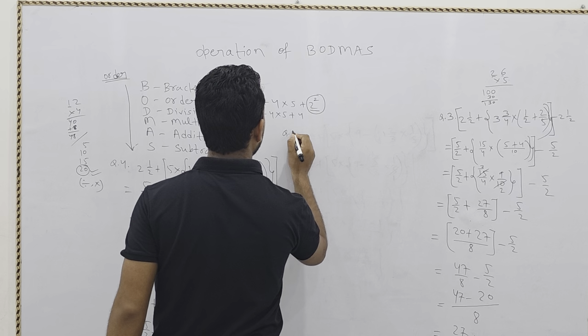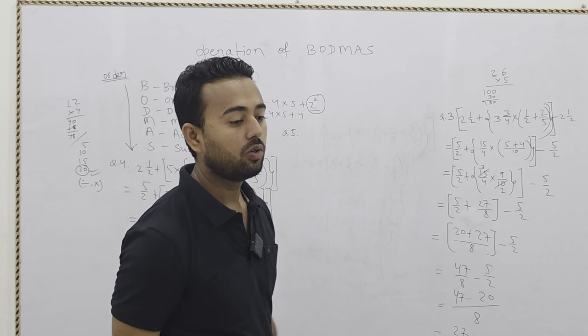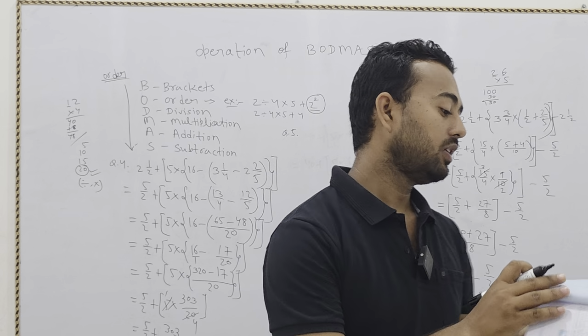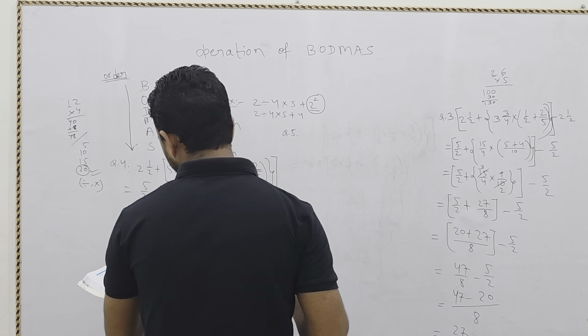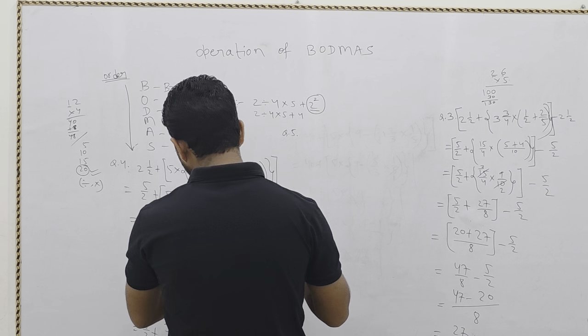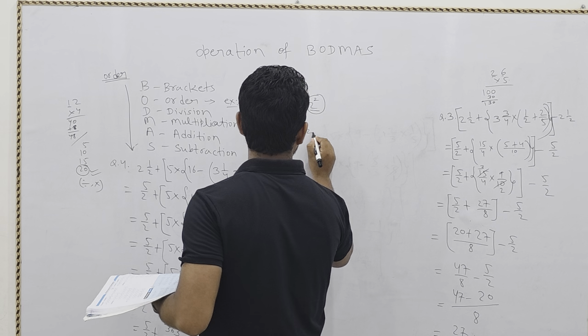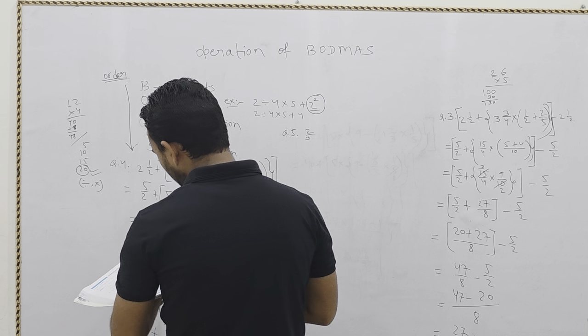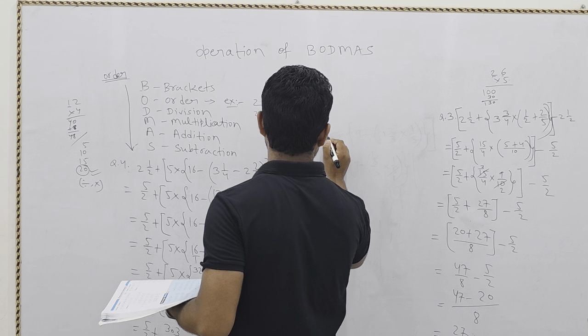Now we are going to solve question number 5. So here now you can see how to solve this type of question. I am taking a different type of question. So you see the question and try to solve it by yourself also, if you are able to solve.